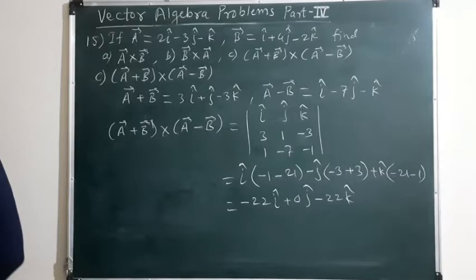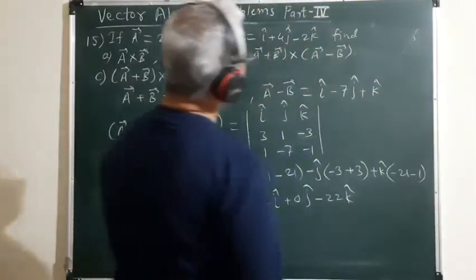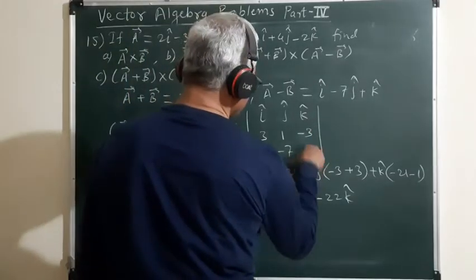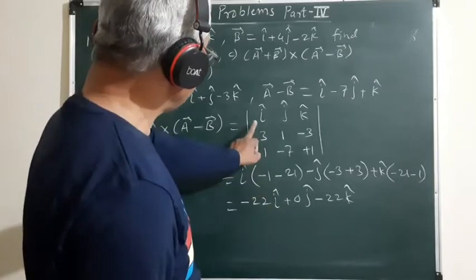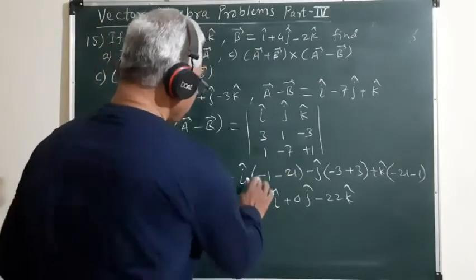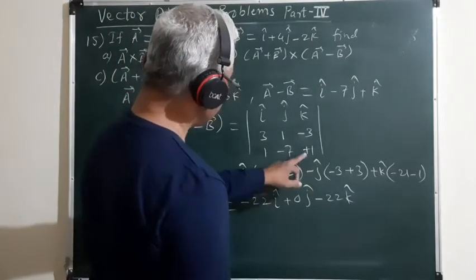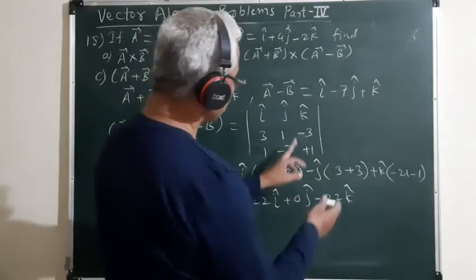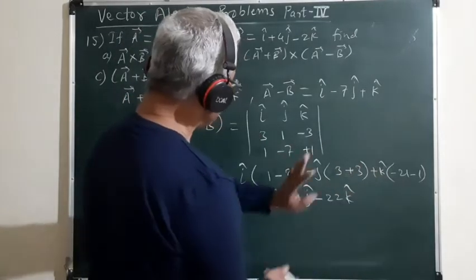Okay, this plus, it should be plus k bar here, so this is plus 1 here. So i cap into 1 minus 21, j cap is 3 plus 3, and k cap into bracket minus 21 minus 1.